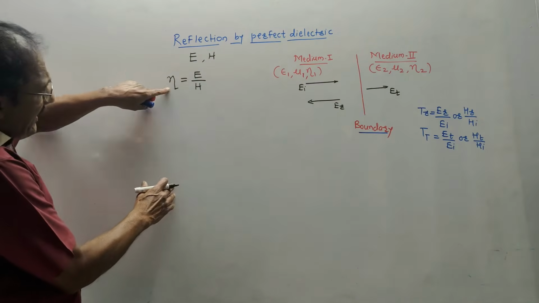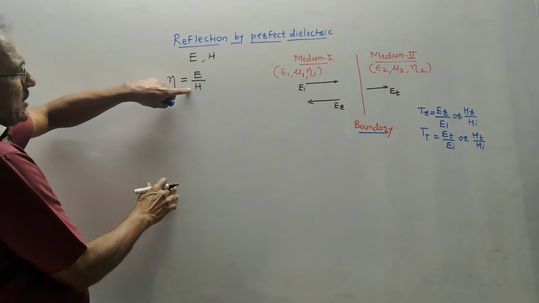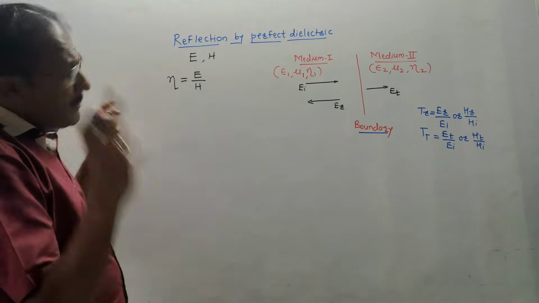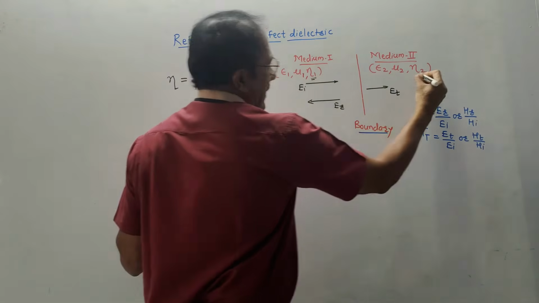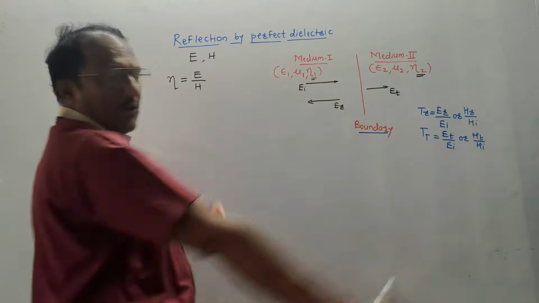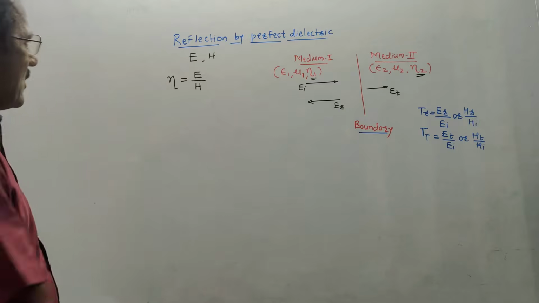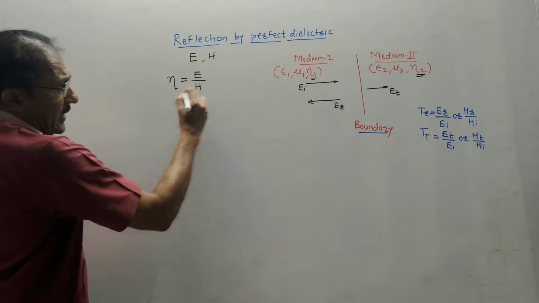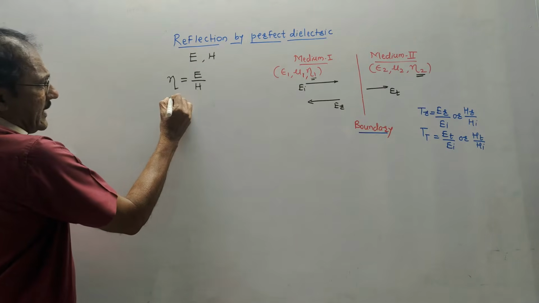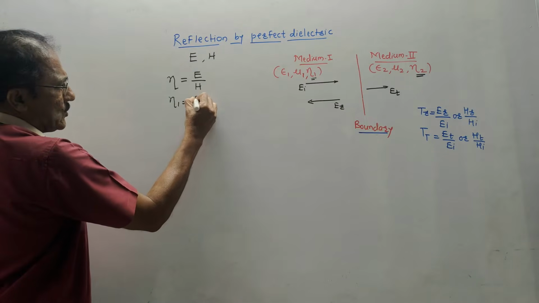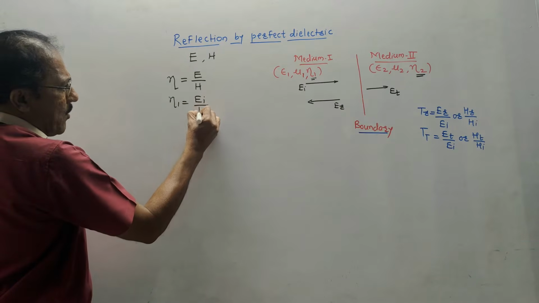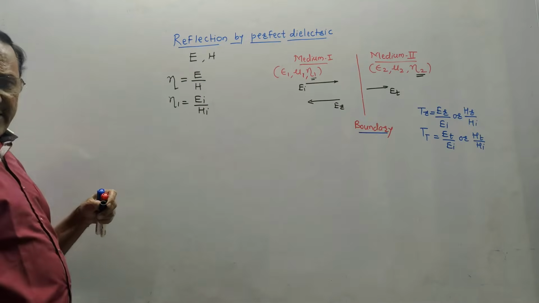Now, as I mentioned, eta is the ratio of E and H. So keep the thing simple. In medium 1, related to eta, we have eta 1. In medium 2, we have the corresponding value, that is eta 2. So if I am talking about medium 1, I can write eta 1 is equal to EI upon HI. Very simple.